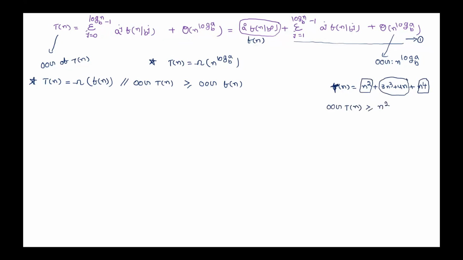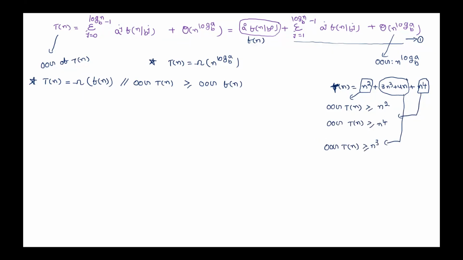Is that correct? Similarly, based on this term, the order of growth of T of n is greater than or equal to n power 4. Based on this term, the order of growth of T of n is greater than or equal to n cube. Do you agree with this? Is that correct or not?